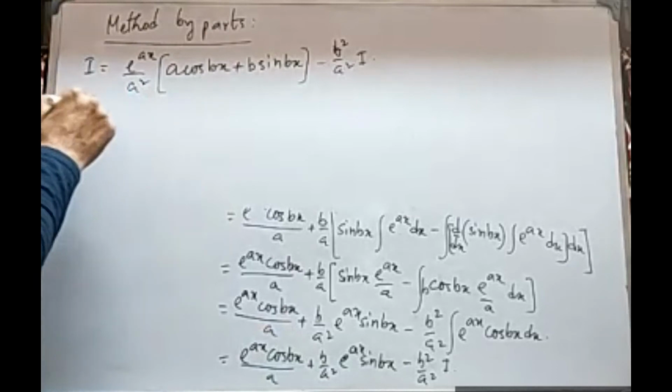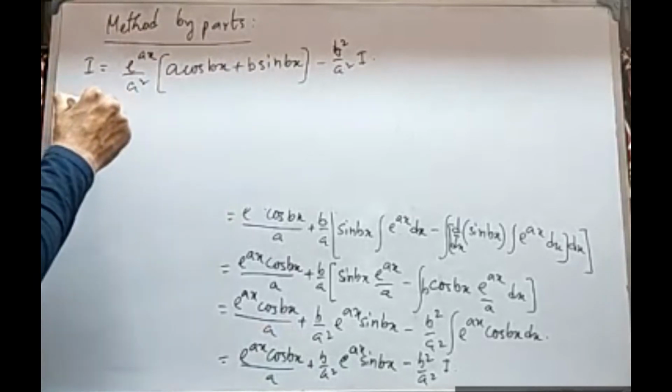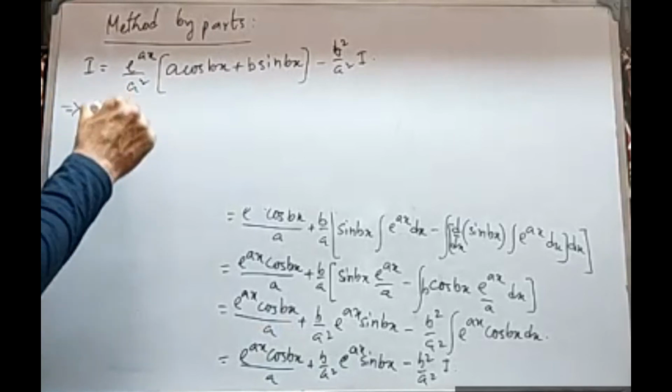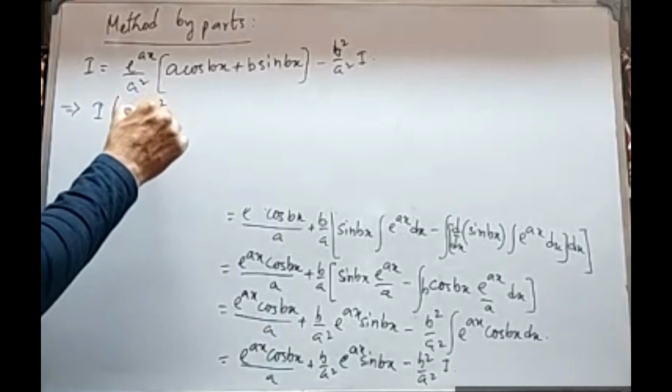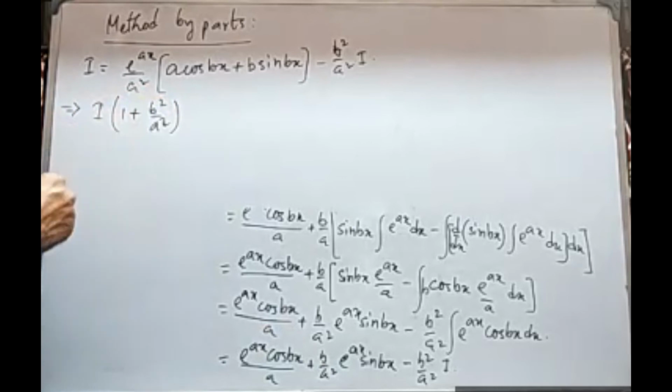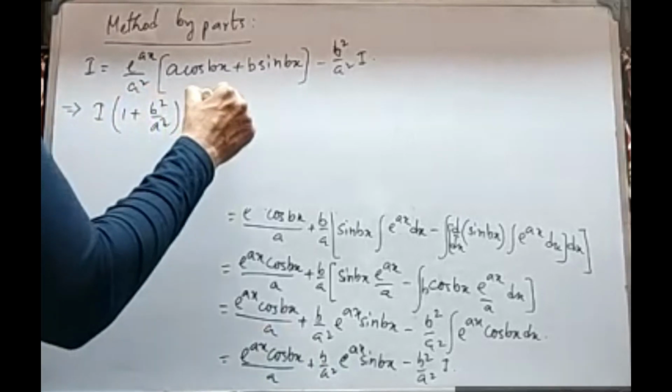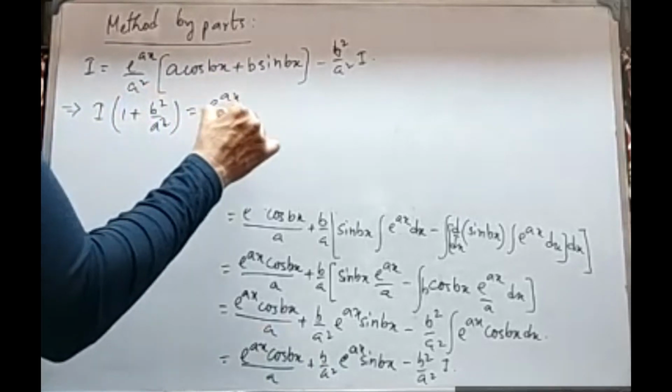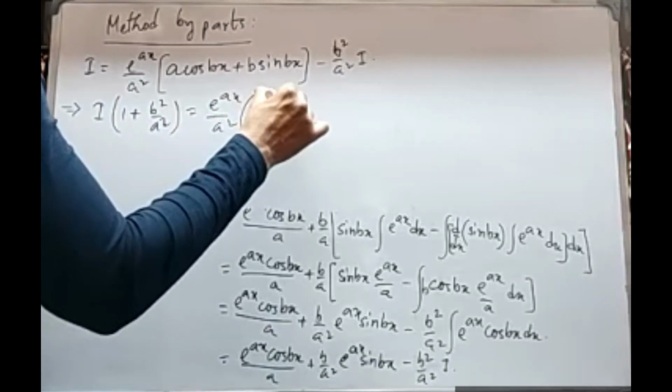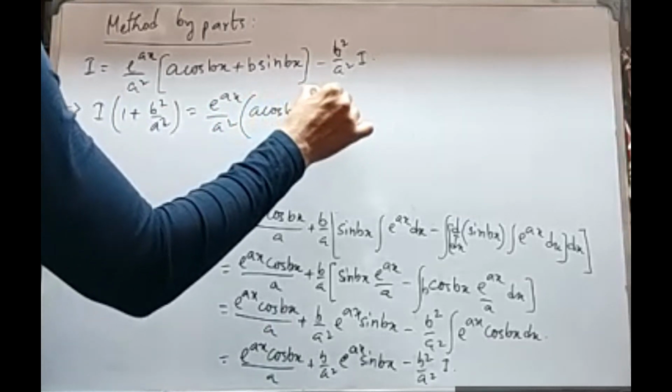So from here, we are taking that I in the right hand side, and we can write it as 1 plus b square by a square, after taking I common, and here it is e to the power ax by a square into a cos bx plus b sin bx.